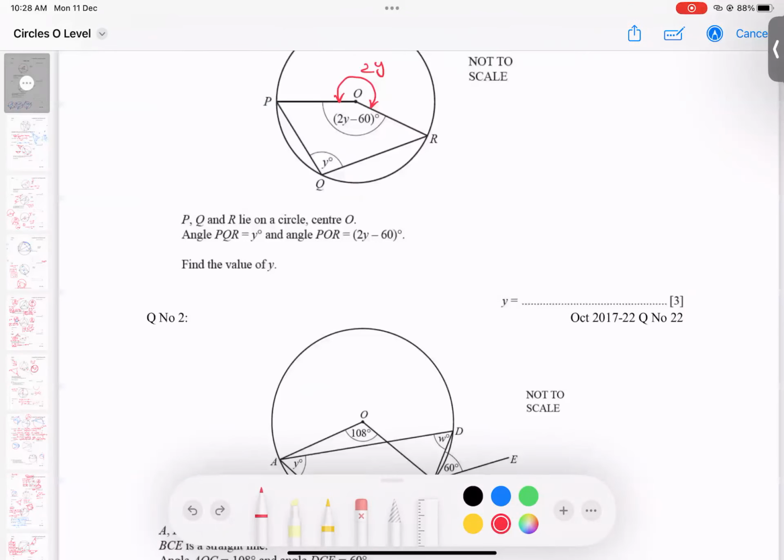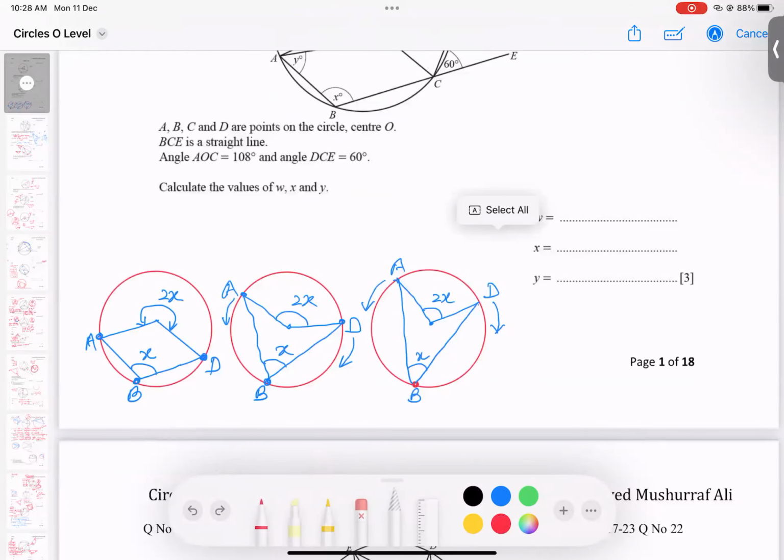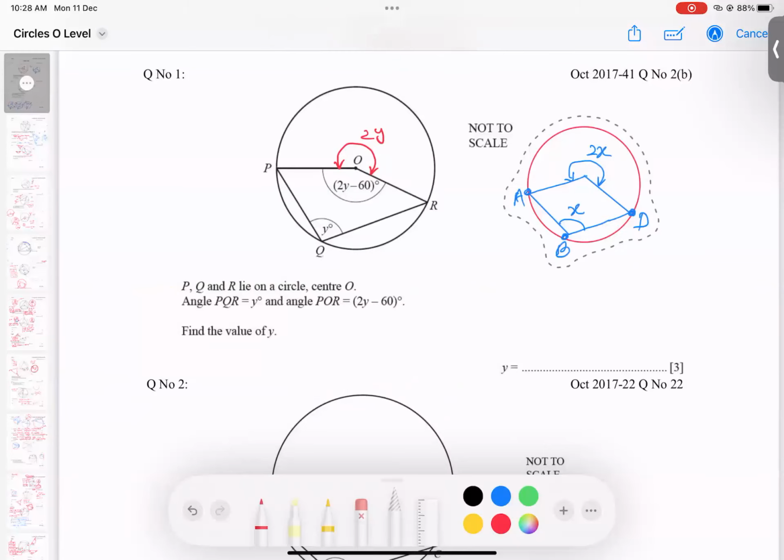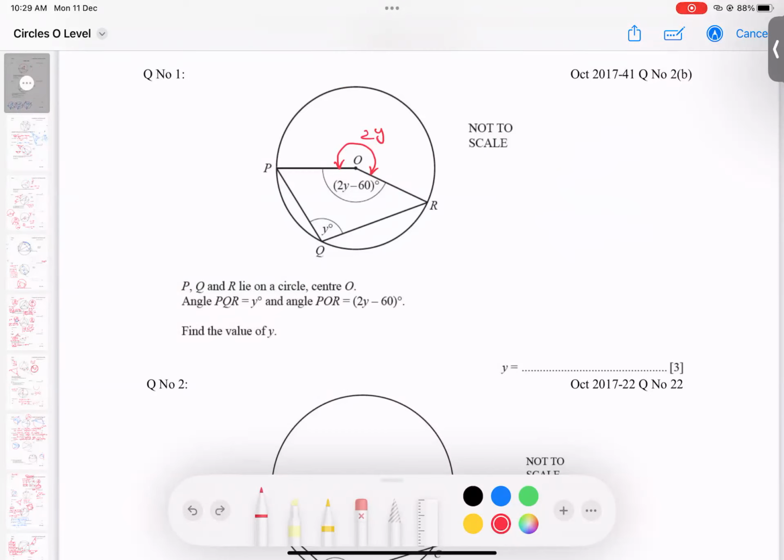I believe everyone understood. If you're not understanding, I'll show it again and bring this diagram. One minute, I copy and paste here. Now if you compare this diagram with this diagram, if this is x, then this is 2x; if this is y, then this is 2y.